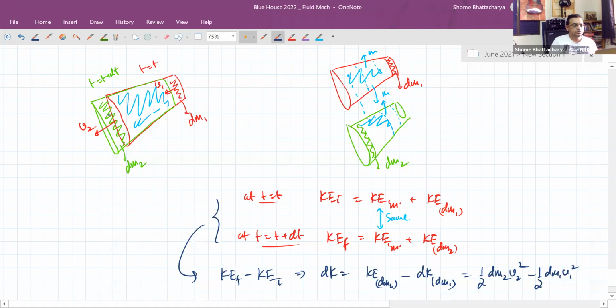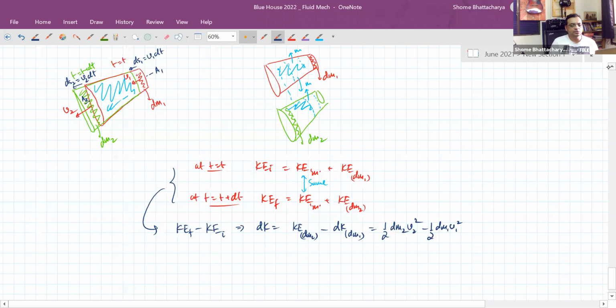Now this thickness is ds2, which we had written as v2 dt, and this thickness we had written earlier as ds1, which was v1 dt. This cross-sectional area was a1, and this cross-sectional area was a2. Now what is dm2 and dm1?